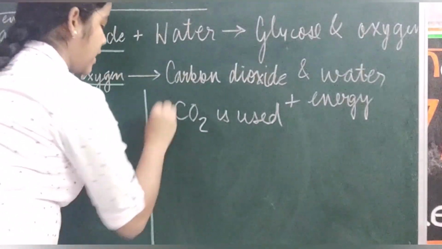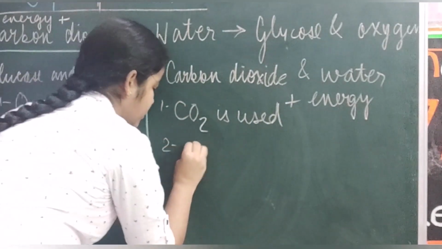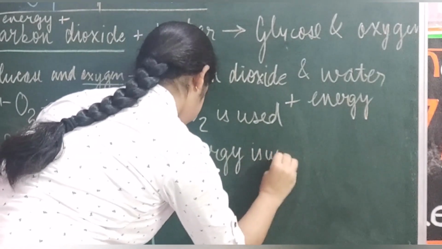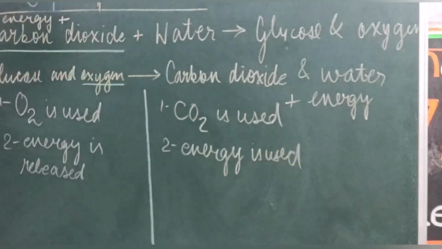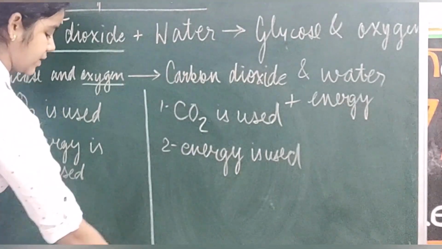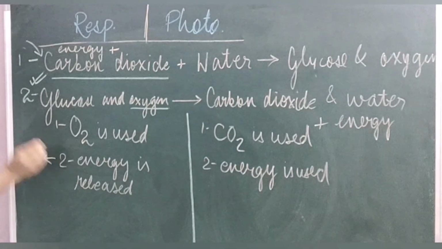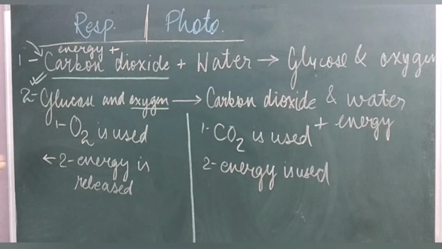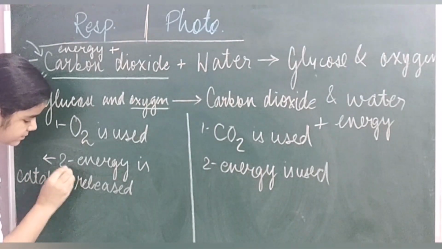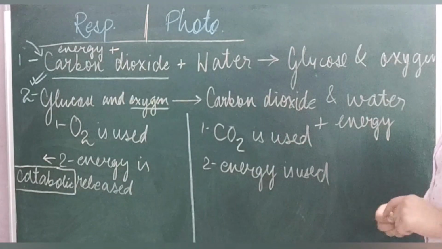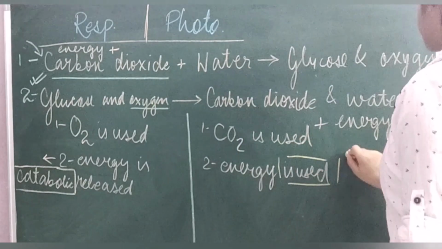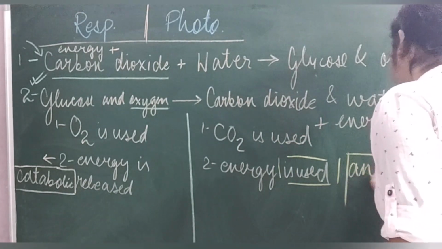Here you can say that energy is used. So you can call this same thing in a different manner. The process in which energy is released is called catabolic process. When energy is used, it is actually anabolic process.